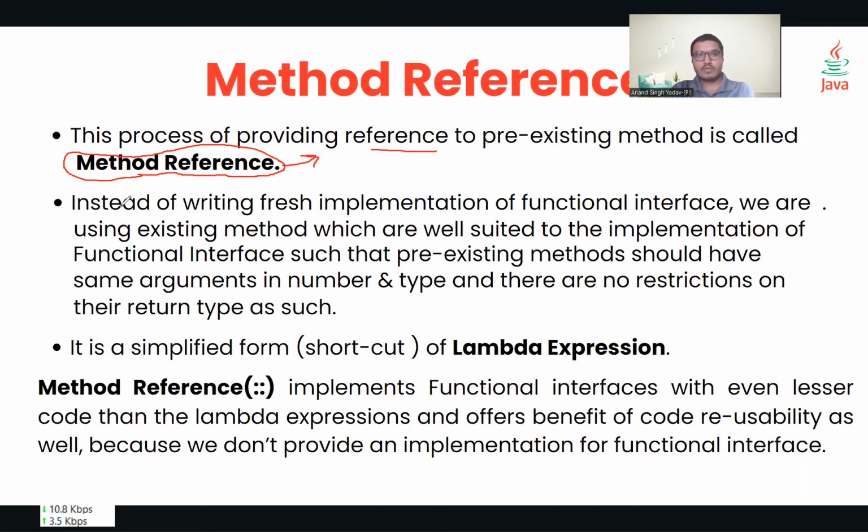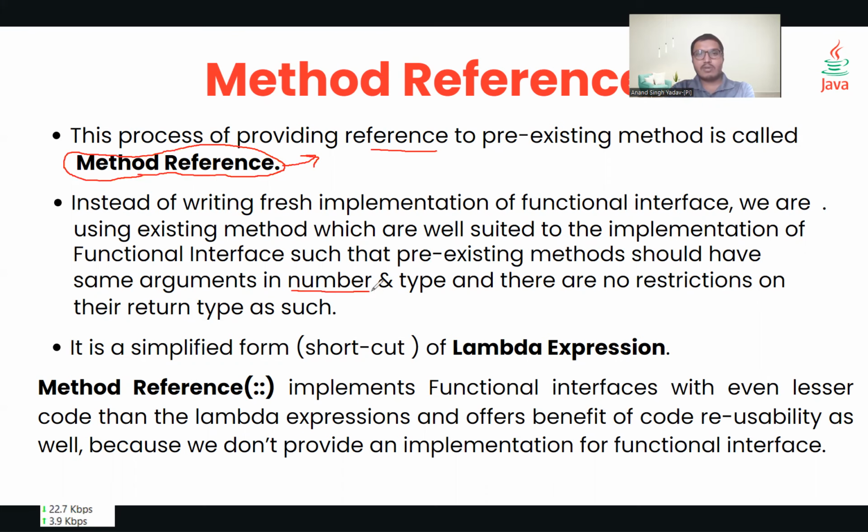Got it? And the second point, instead of writing a fresh implementation of the functional interface, we are using an existing method which is well suited to the implementation of the functional interface, such that the pre-existing method should have the same arguments in number and type.